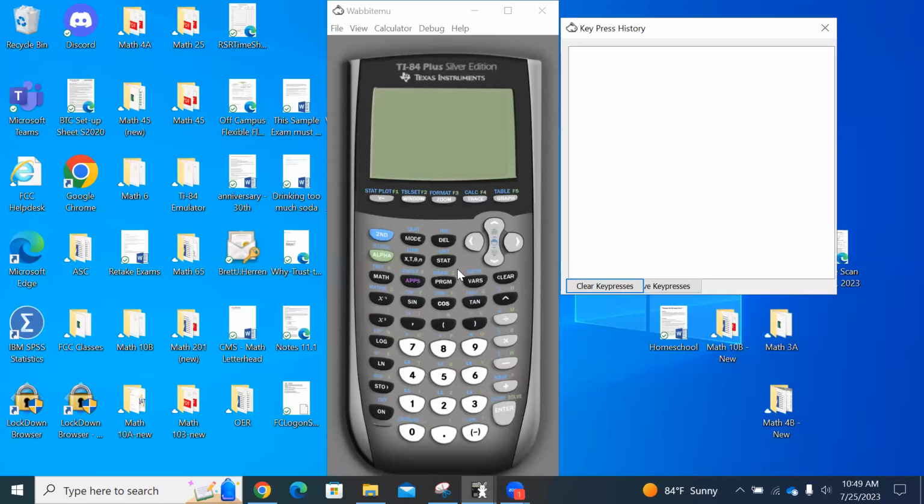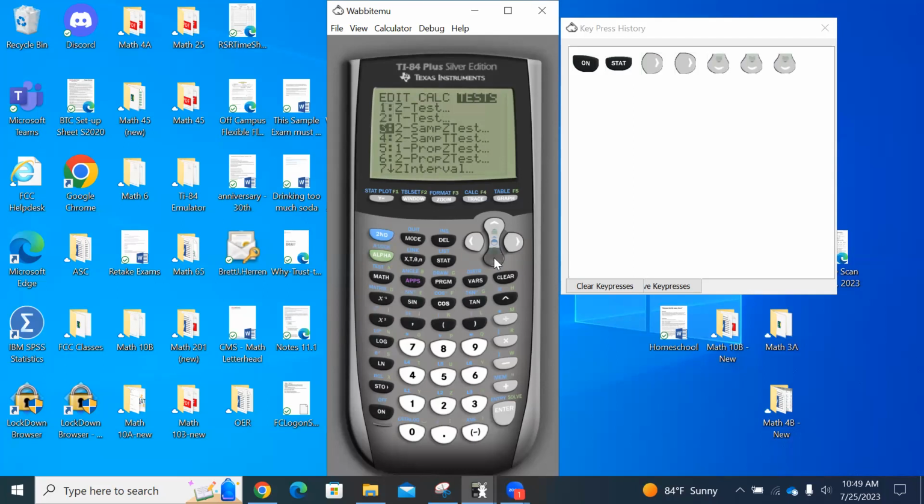There we go. There's the calculator. Turn it on. And so I'm going to go stat, go over to tests, go down to 2-prop Z test, which is number 6. Hit enter. There it is. So X1 is what? 204. Just type over whatever is already there.